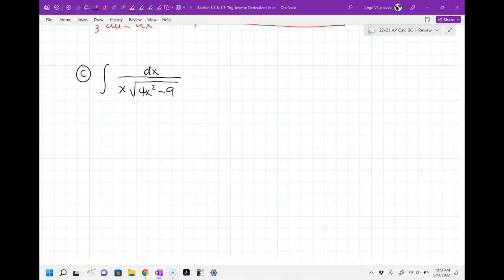Now look at the inside of my square root. What's my u function? 2x. Now, is that the same thing on the outside? No, it's missing a 2, so I can introduce one. 2 dx over 2x square root of 4x squared minus 9. So I just multiply by 2 over 2. Okay?